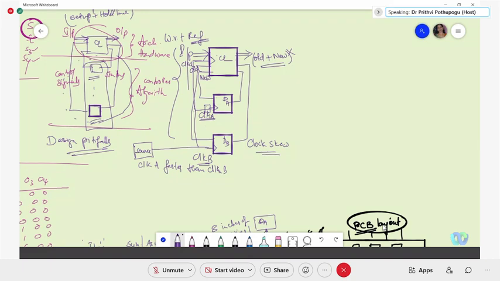Like if 2 nanoseconds of lapse is there, use a D flip-flop of 2 nanoseconds here so that they get synchronized. Now, this gating of clock is a bad practice we say. Why? Because it will introduce hazards on the lines.